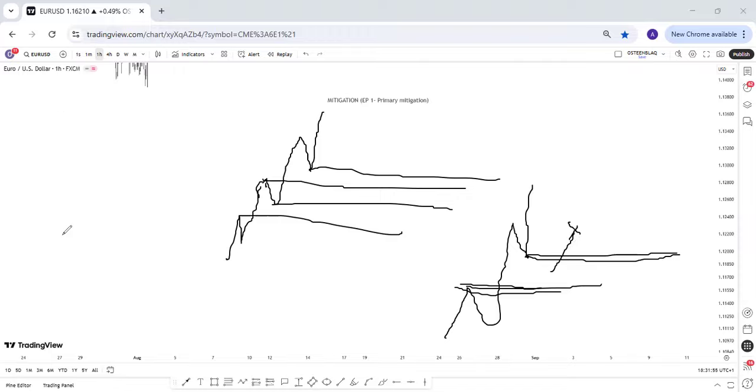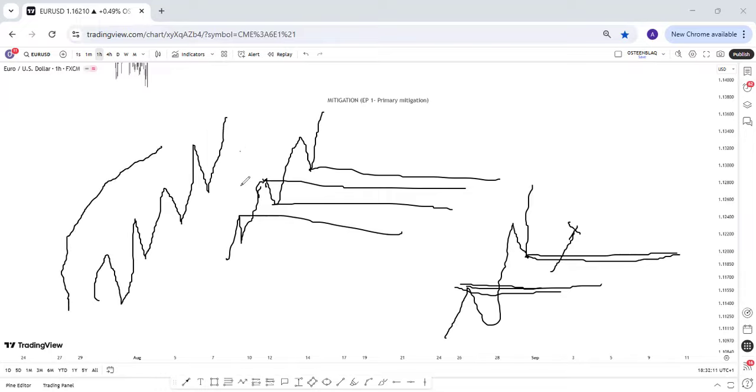A balanced state, what is a balanced state? A balanced state is one where support mitigated resistance, support mitigated resistance, and so on. So this is a balanced market. I will just put it BAL.